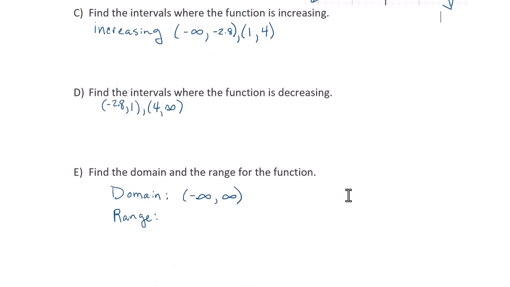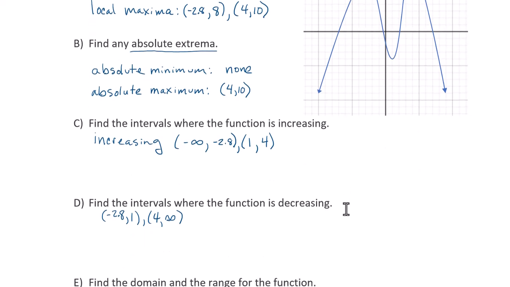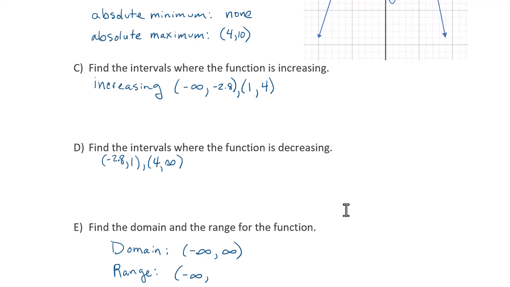So it's coming from negative infinity, and the highest value that it reaches is right here at 10. So the range, the y's that are used, are from negative infinity to 10, and that is a solid point at 10. So we want to include the value 10 in that interval.